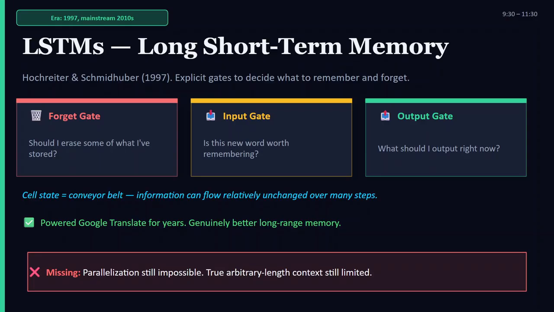Now, LSTMs genuinely worked better than RNNs. They powered Google Translate for years. They handled longer dependencies than plain RNNs. They were a significant improvement, but they still had problems. The parallel processing issue didn't go away. We were still processing it step by step, and training a model was still taking a lot of time.